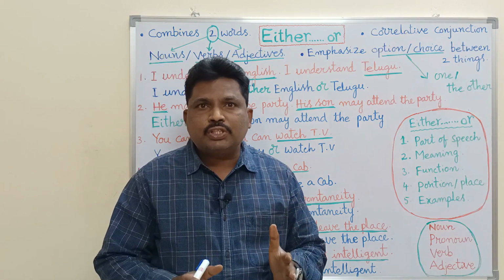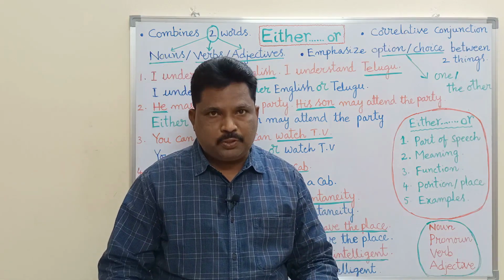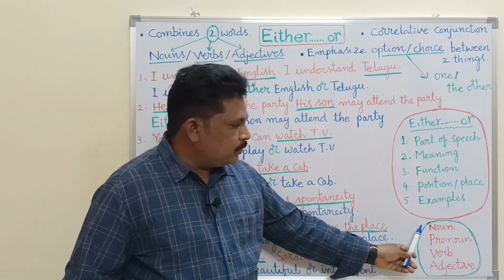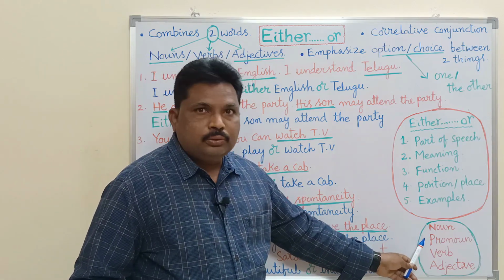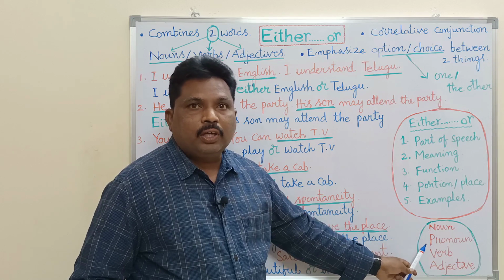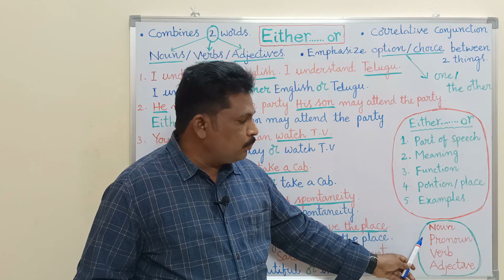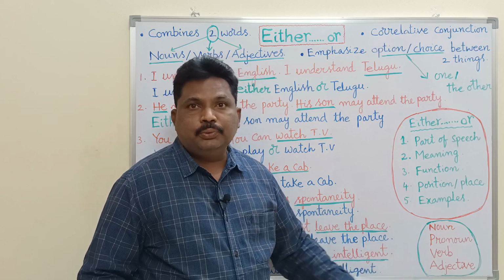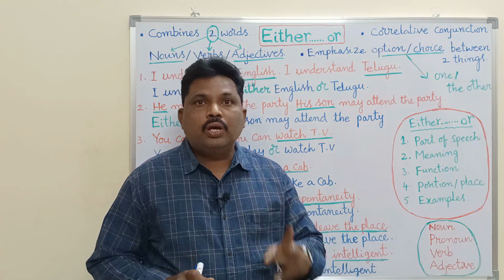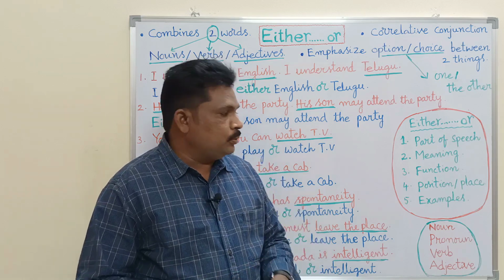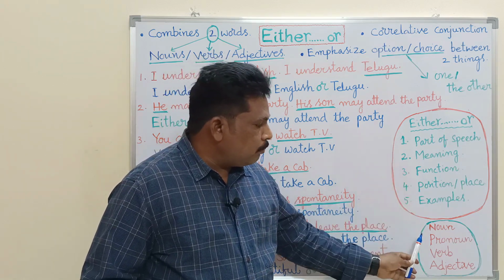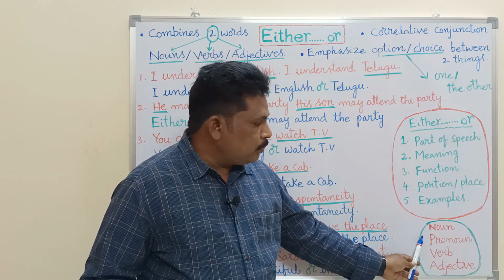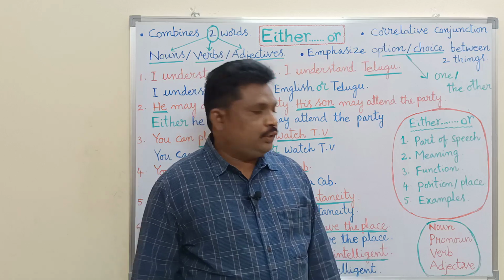These two words must be the same part of speech, except that in place of a noun, a pronoun can be used. That is why noun and pronoun can be combined. But regarding verbs and adjectives, two verbs are used, or two adjectives are used. So either or combines the same parts of speech, let them be noun or pronoun, or verb or adjective.